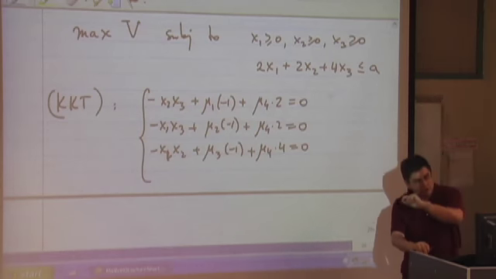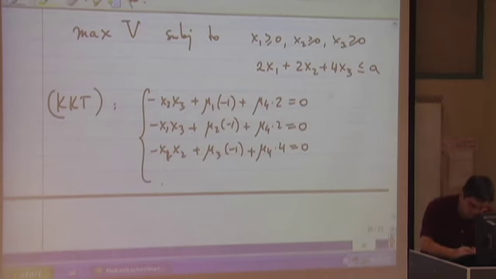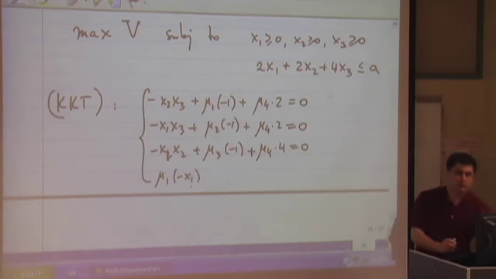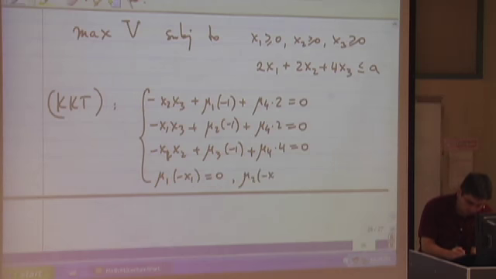Like mu g has to be 0. So there is, let's see, mu 1 times minus x1, if you like, equals 0. Mu 2 minus x2 equals 0. Mu 3 minus x3 equals 0.